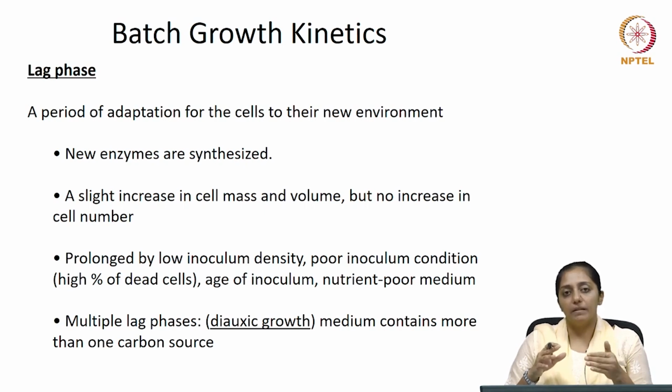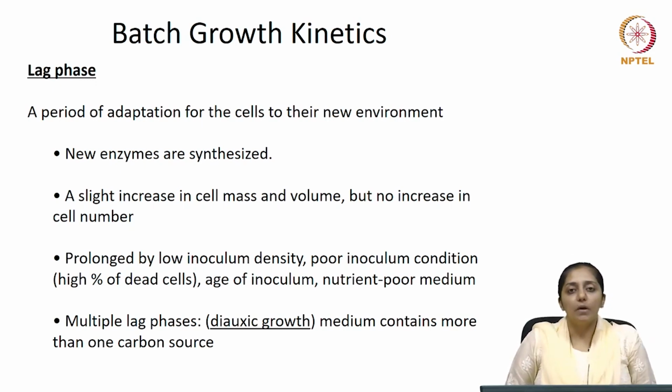Then when the seed fermenter is used to prepare the inoculum for the production fermenter, this seed fermenter will generally have the same composition as the production medium, so that the activated culture is acclimatized in the seed fermenter to multiply and prepare the inoculum for the production fermenter. So, because the nutrient composition is not much varying, the period of adaptation is less.